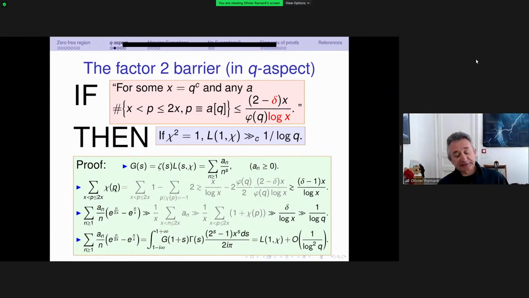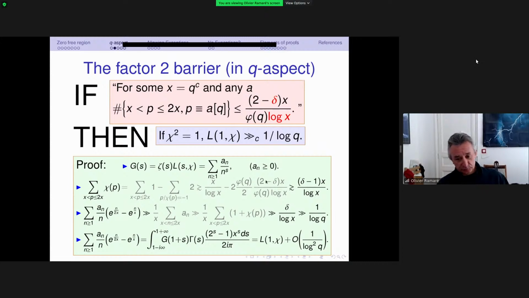So this quantity is the total number of primes minus twice the number of primes where chi of p equals minus 1. And for the number of primes with chi of p equals minus 1, you have an upper bound here. Since you need a lower bound and you have a minus, that's exactly what you have.